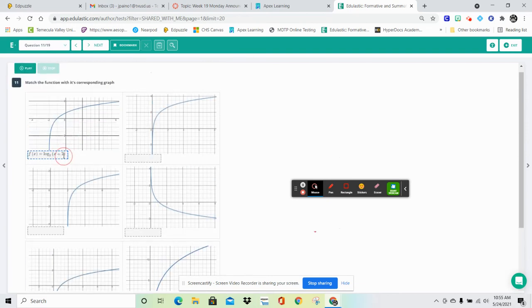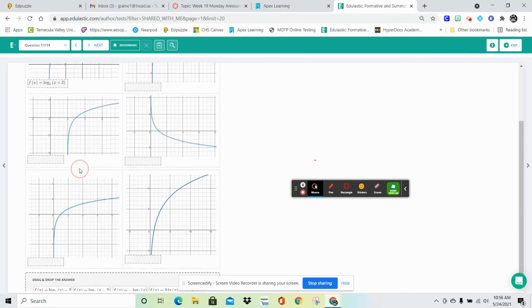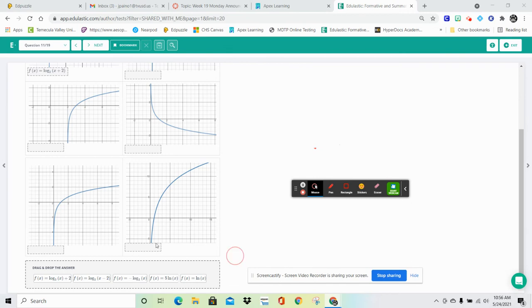Remember, the h is the opposite of what you see there. So it's going to have a vertical asymptote at -2. This graph right here has a vertical asymptote at +2, and it's the only one that has a vertical asymptote at +2. So now I'm looking for the h that has that +2, and that's this one right here.